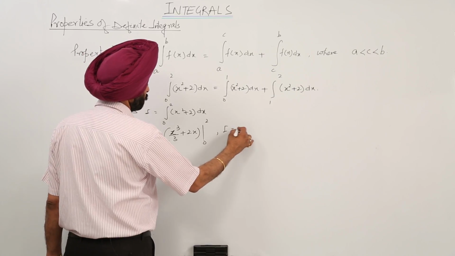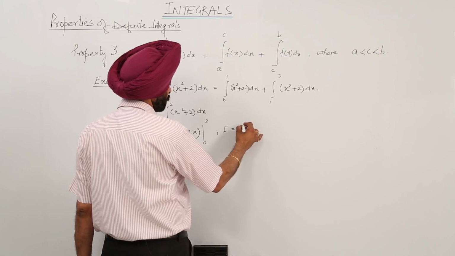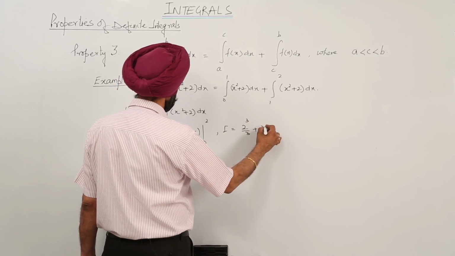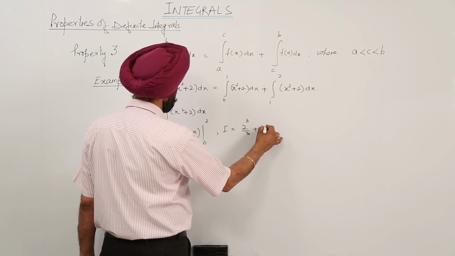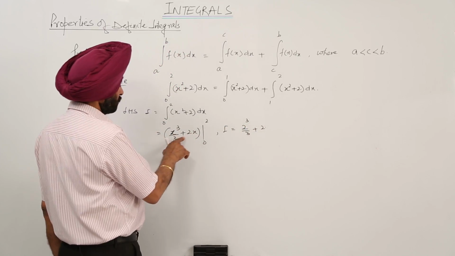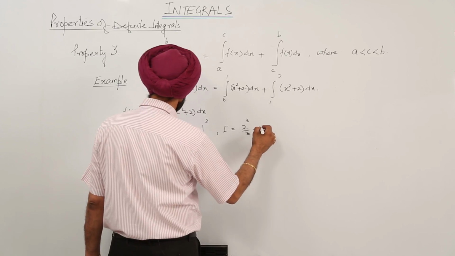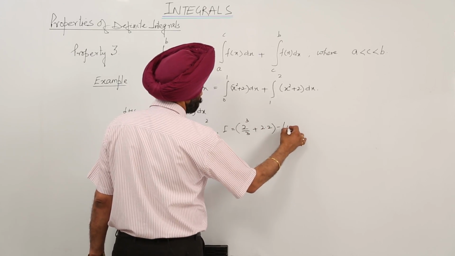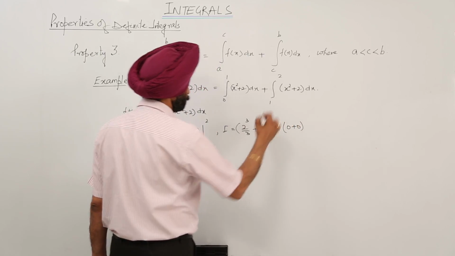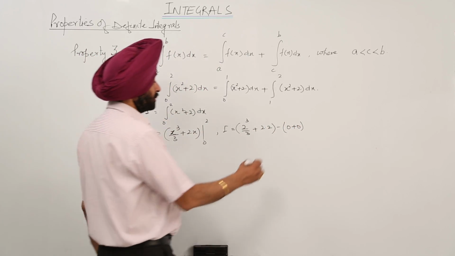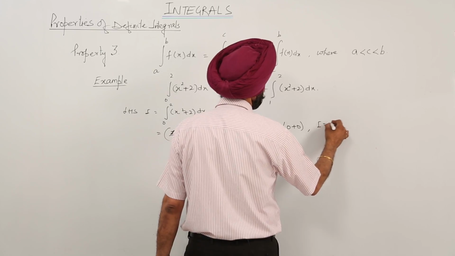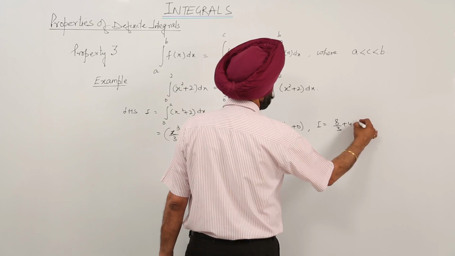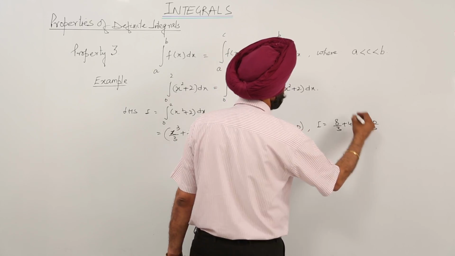Now 2 cube upon 3 plus 2 with 2, minus 0 plus 0. Now what is this? This becomes 8 by 3 plus 4, which is equal to 20 by 3.